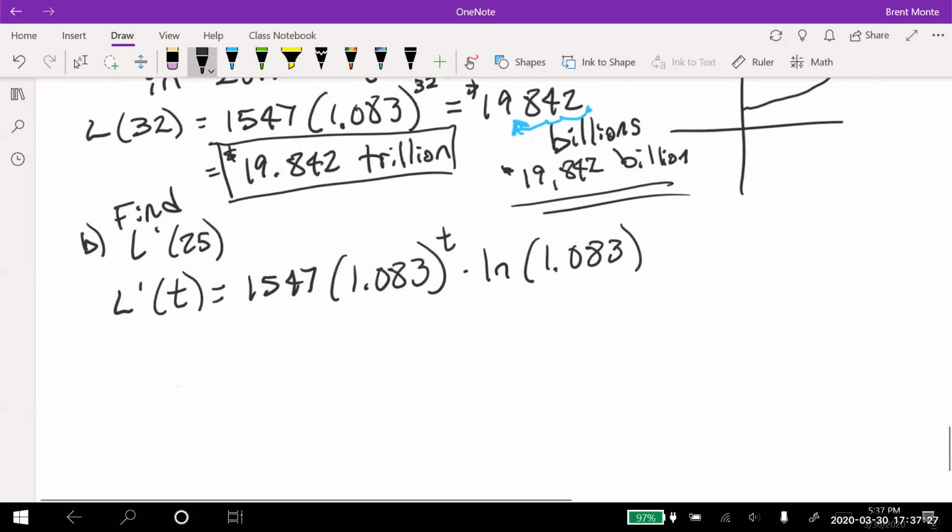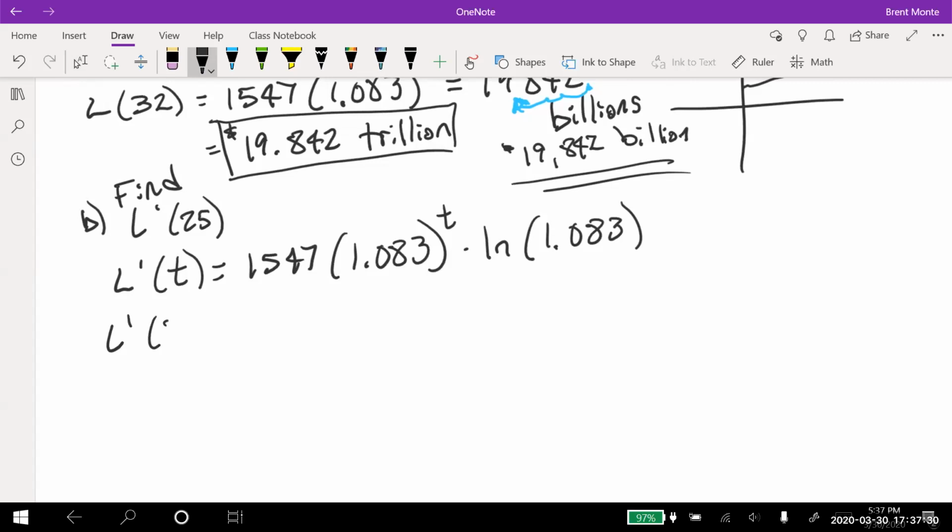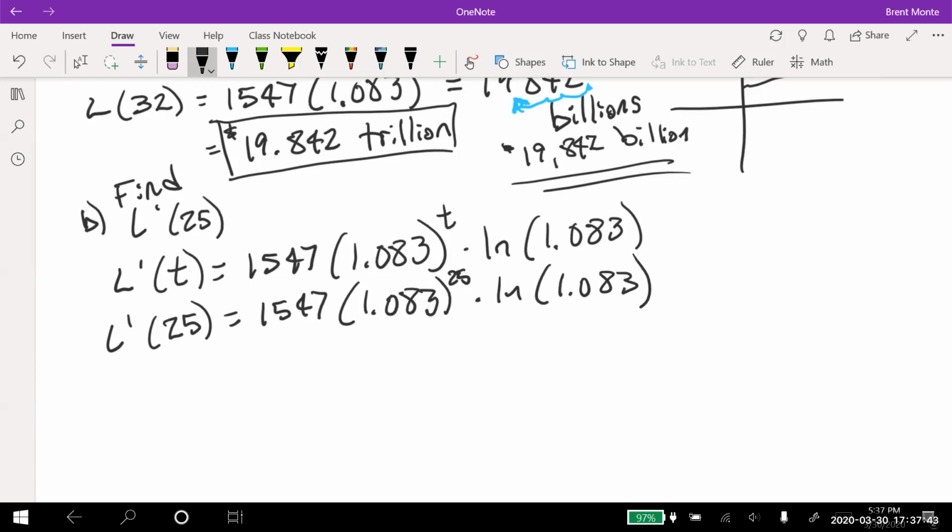I'm just going to plug in 25 for the t. So L prime of 25, 1547 times 1.083 to the 25th power times the ln of 1.083. All right, so let me plug this into my calculator. Let's see what we get. 1547 times 1.083 raised to the 25th power times the ln 1.083.